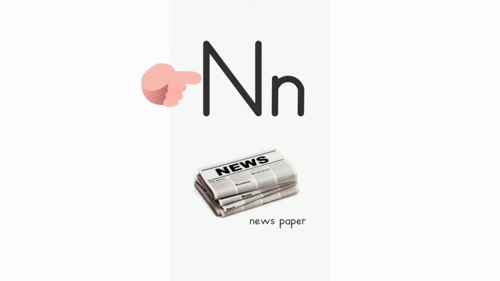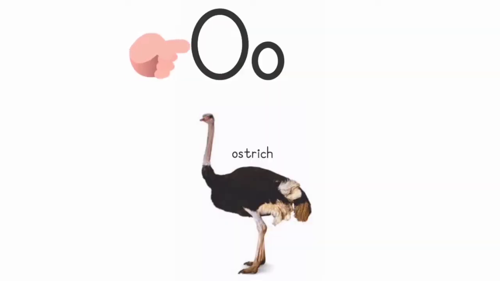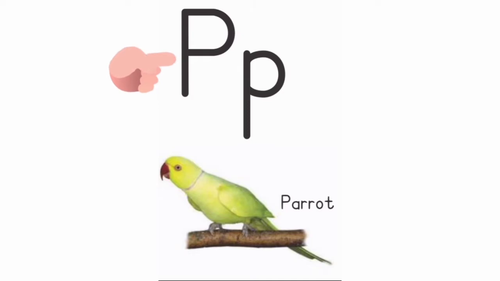Capital N, small N for newspaper. Capital O, small O for ostrich. Capital P, small P for parrot.